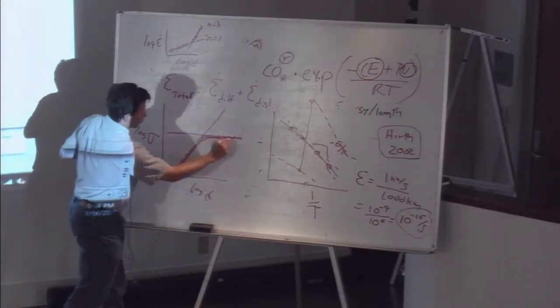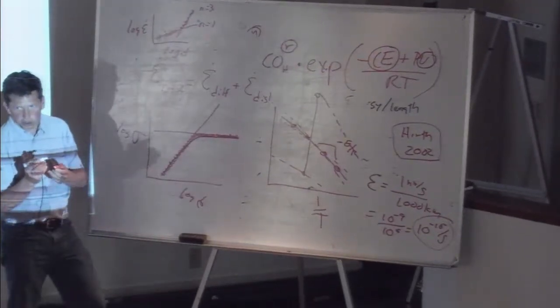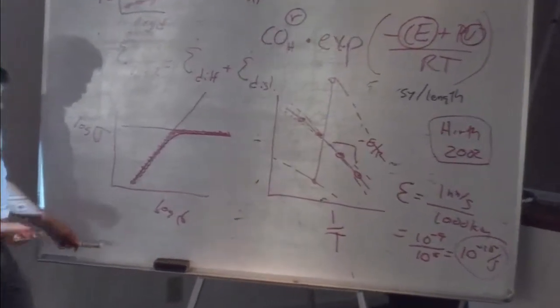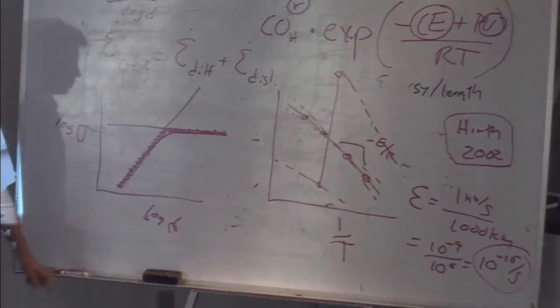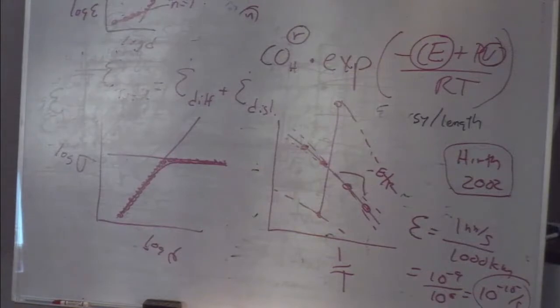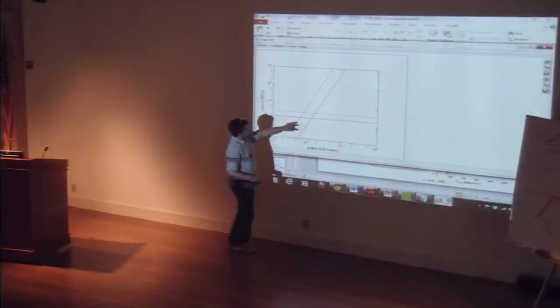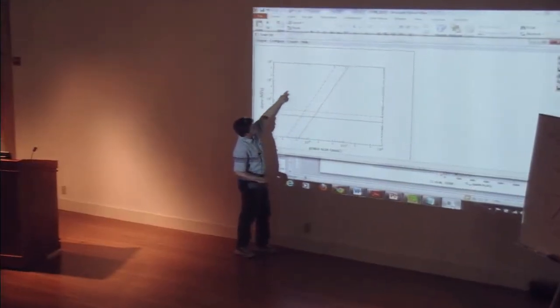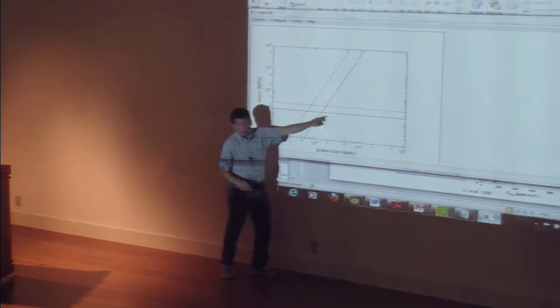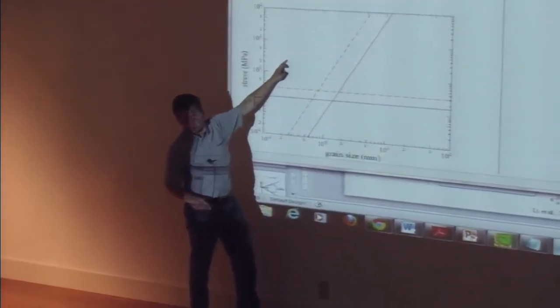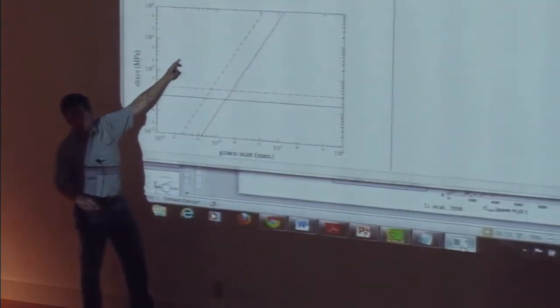It would actually curve over like that. But we're not going to deal with that right now. If you didn't account for that, your viscosity would be wrong by a factor of 2. So a line that goes off like this would be the boundary between the two mechanisms.